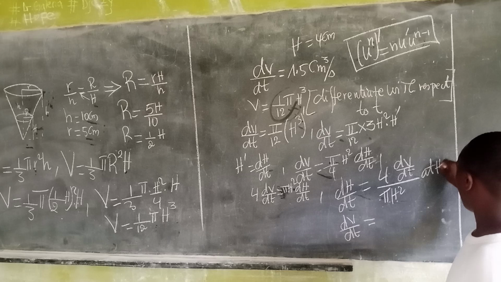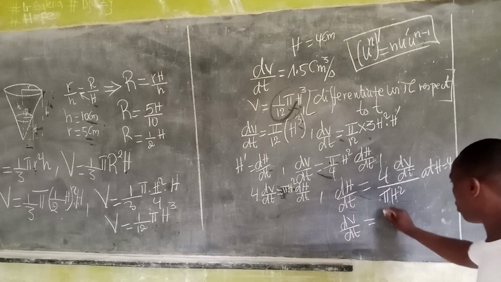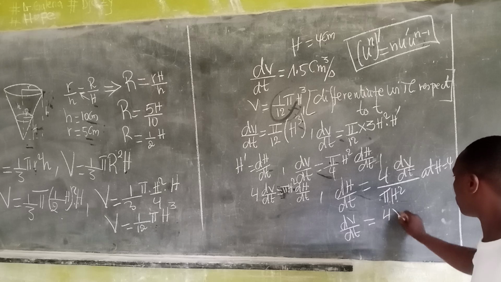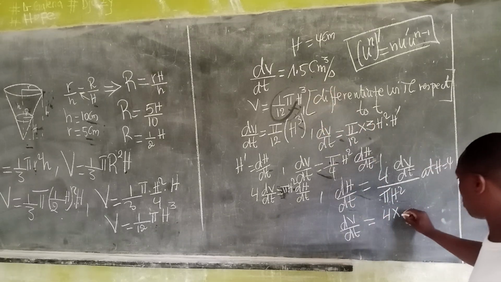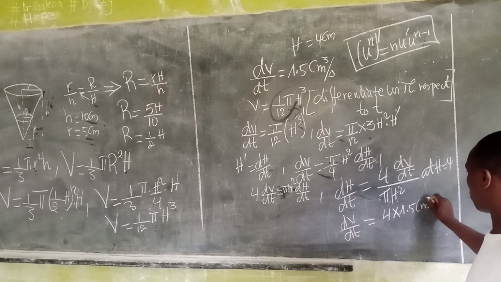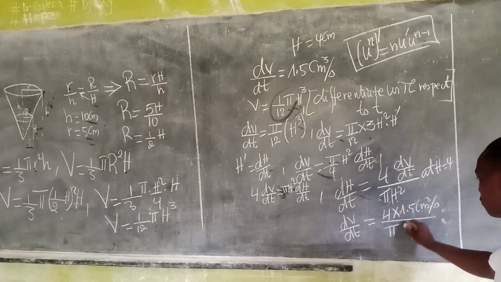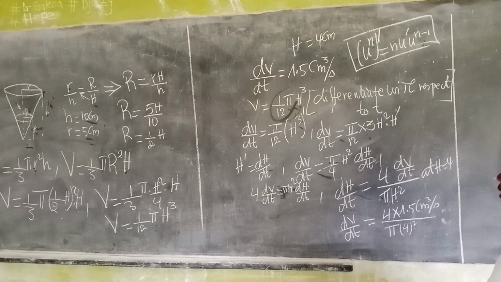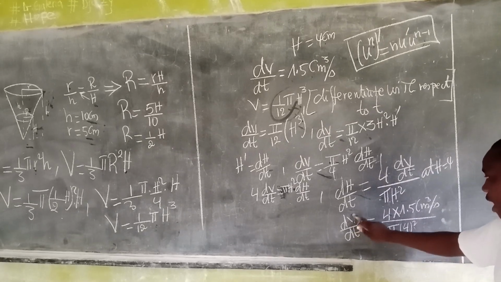At h equal to 4, dh/dt will equal 4 times our dV/dt, which was 1.5 centimeters cubed per second, over pi times 4 squared. I'm sorry, this is h squared.